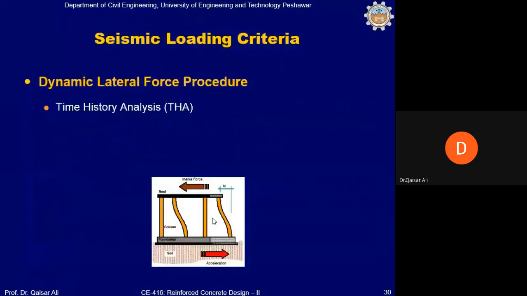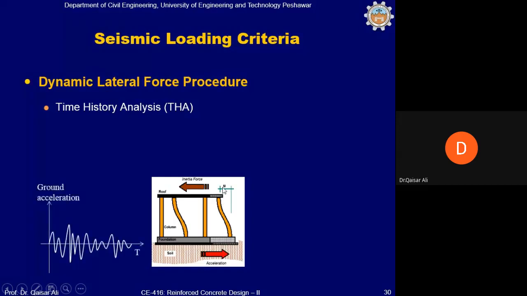In the time history analysis, the digital data in numerical form is applied to the foundation in the form of ground acceleration, and then the response is calculated in the form of displacement U over the whole history or duration of the earthquake.